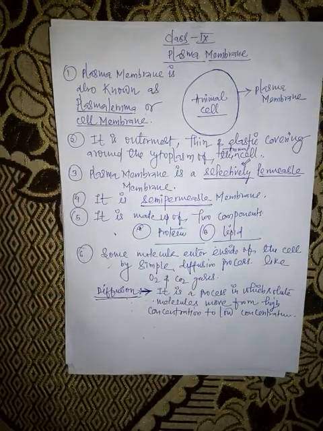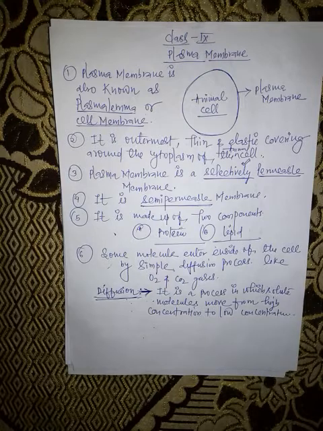Like when you spray perfume in one corner of the room, after some time you have watched the molecules of perfume dispersing throughout the room. This process is called diffusion.